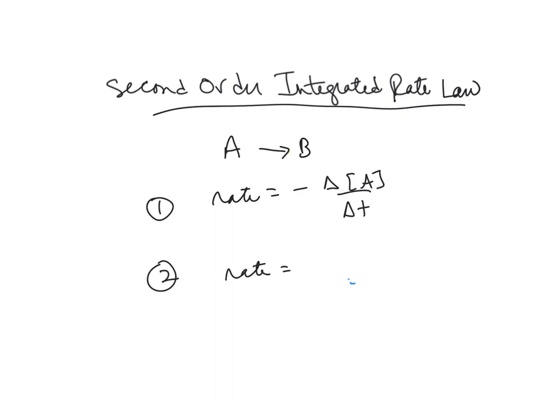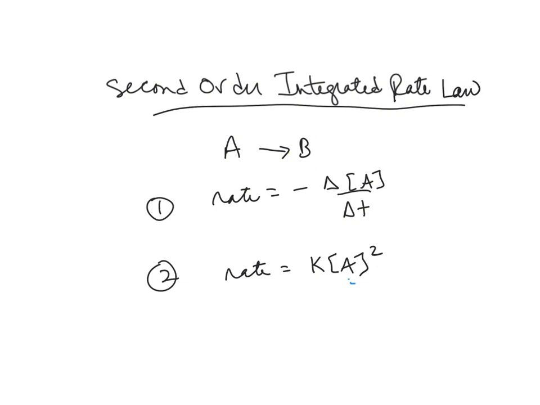So we'll say rate is equal to k times A squared. Now, how did we get that? We did the experiment where we doubled the concentration of A, and we found that the rate of the reaction quadrupled. So that's that isolation method that we went over in the first Kinetics 1 video.